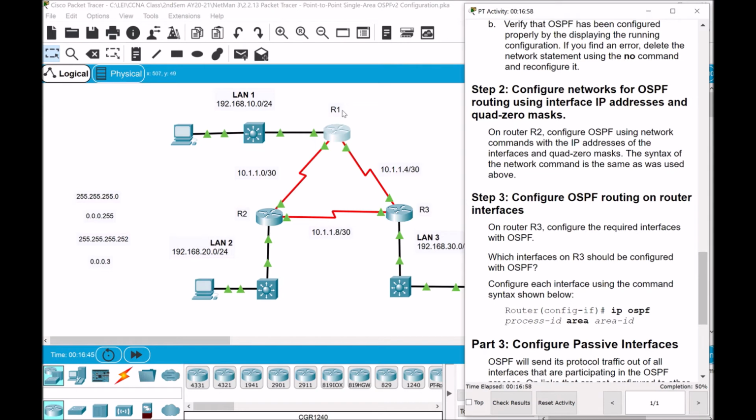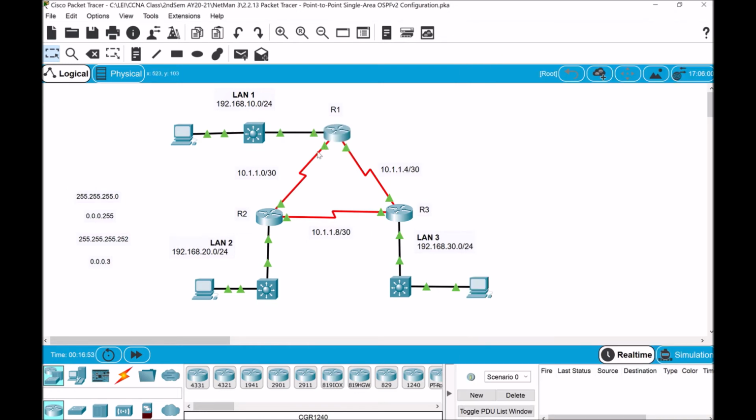So looking at our router, for example, router 1, the interfaces that are used to connect to the networks are the following. Right, let me check. So this is serial 0/1/0. This is gigabit Ethernet 0/0/0.